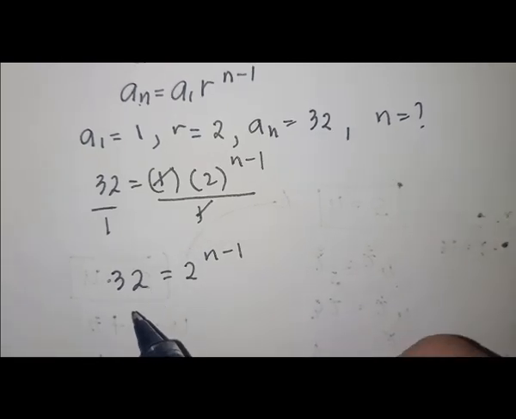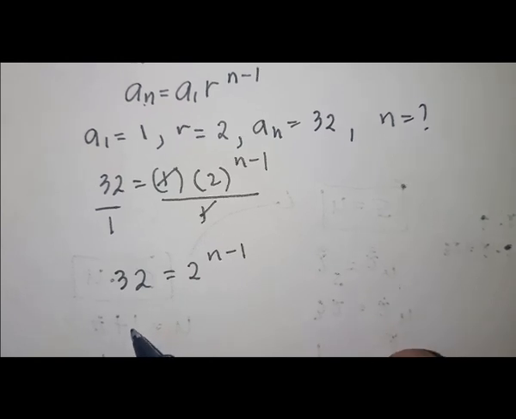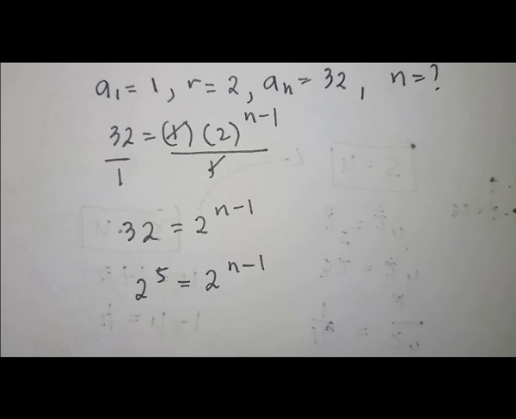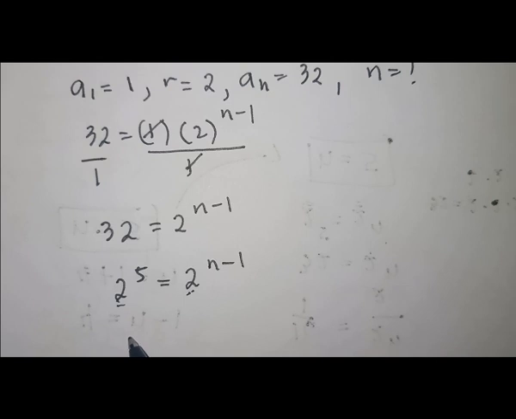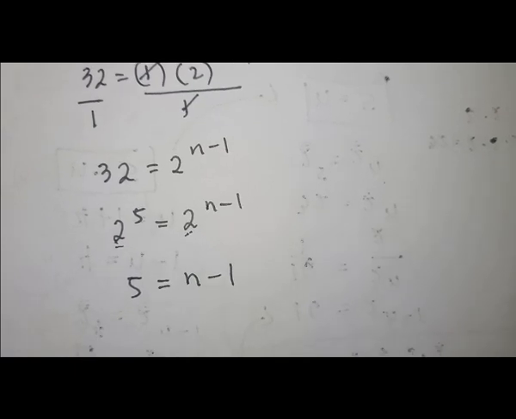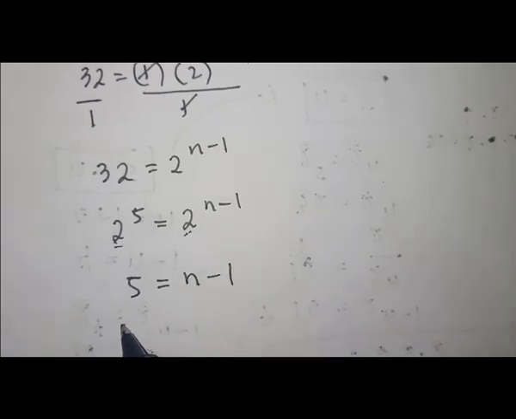So, ano nga ba yung exponential form ng 32? You have 2 raised to 5 is equal to 2 raised to n minus 1. Ngayon, dahil parehas na tayo ng base, pwede na natin kopyahin na lang yung exponent na meron tayong 5 is equal to n minus 1. So, yung negative 1, transpose natin. We have 5, negative nilipat, magiging positive, equals n. So, 5 plus 1, therefore, the number of terms is 6.